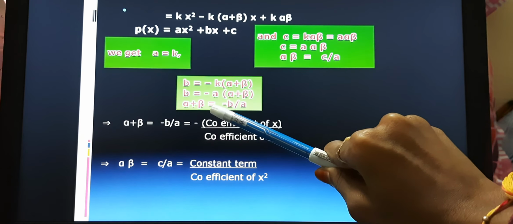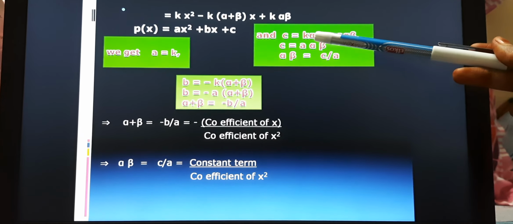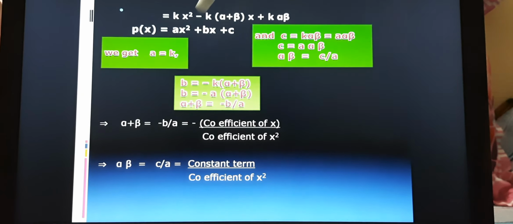So here comes the constant. Here c is equal to k into alpha beta. As you know, a is equal to k, so we put a in the place of k. So c is equal to a alpha beta.